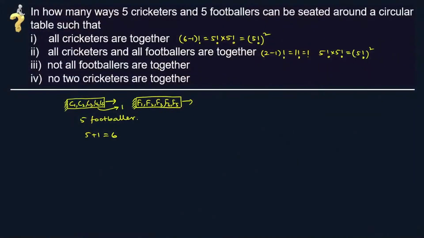Getting my point? Okay. Let us assume that these 5 cricketers and 5 footballers, without any restriction, can arrange among themselves around the circular table in 10 minus 1 factorial, which is 9 factorial.